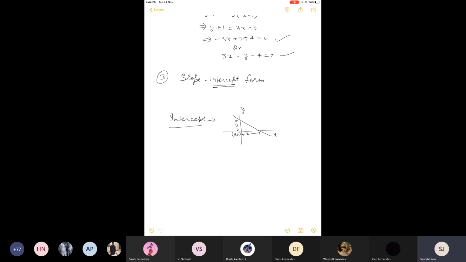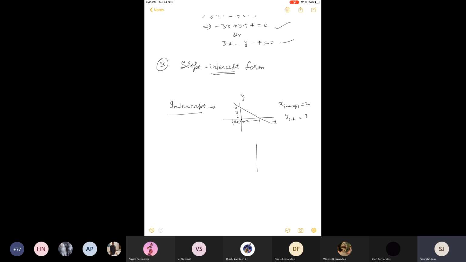From where? What is the reference point? Origin. So we say that x intercept is 2 and y intercept is 3. So basically intercept is the distance from origin where the line cuts the x and y axis.